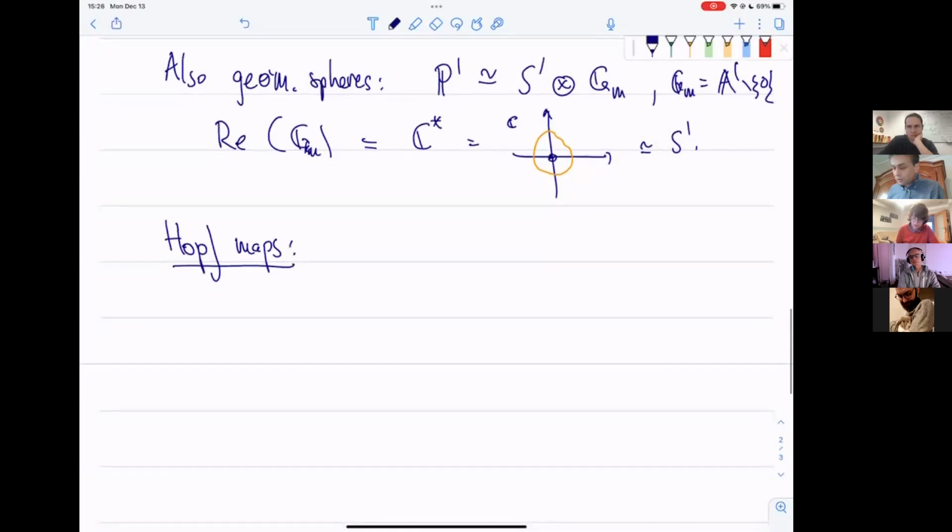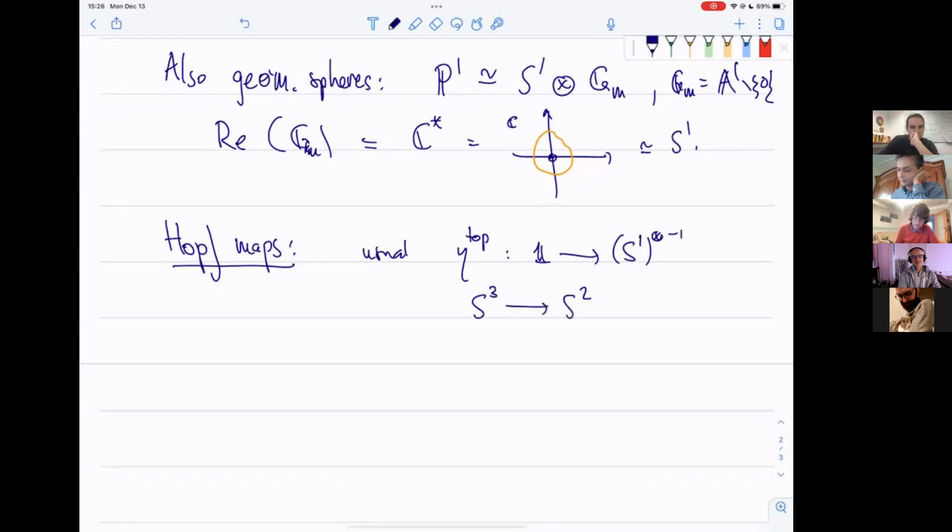So let me give you an example of that also in order to build a bit of your intuition. So you have the usual Hopf map. Maybe I'll call it the topological Hopf map from the unit to S^{-1}, so S1 inverse if you want. So how do you build that? Well, you build it stably by building a map from S3 to S2. And this S3 is just: you look at C2 without zero.